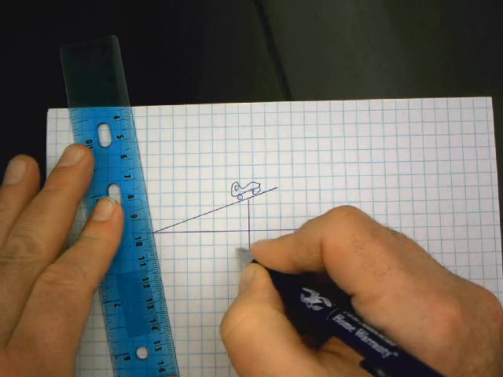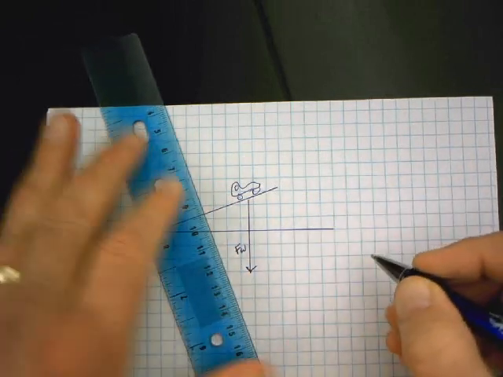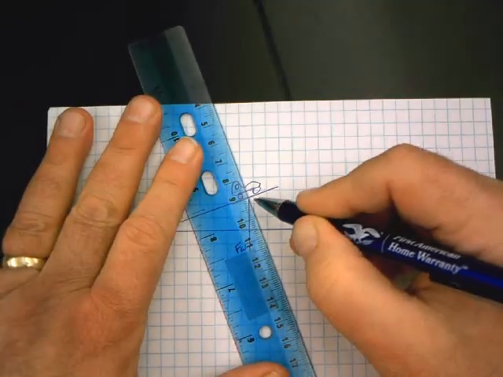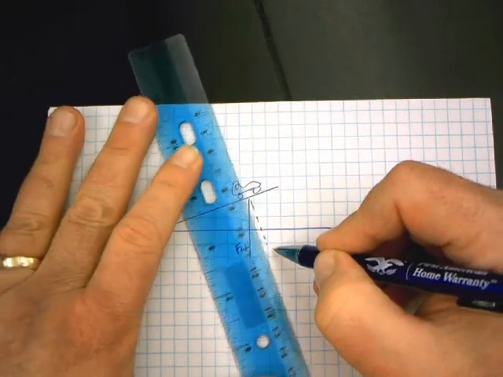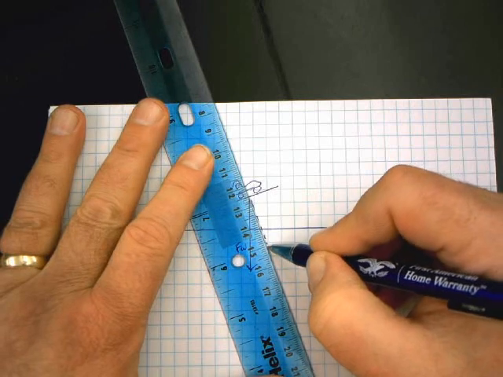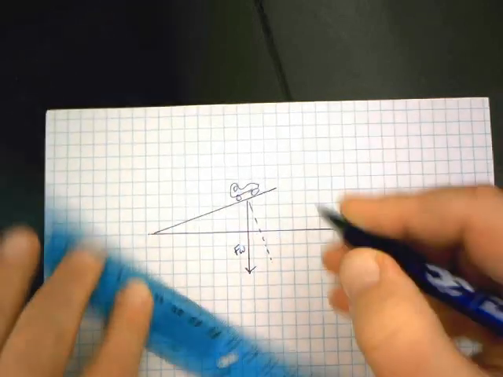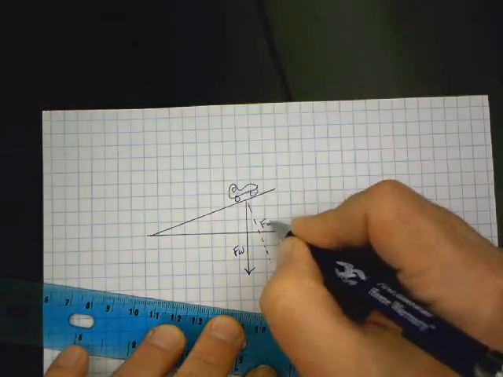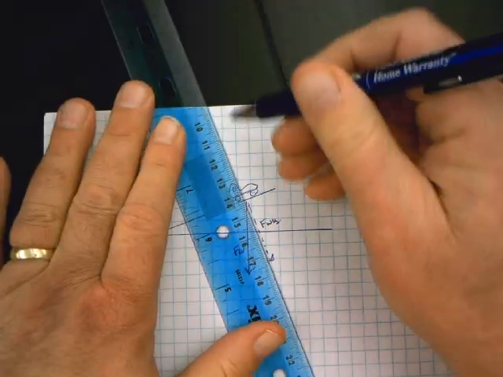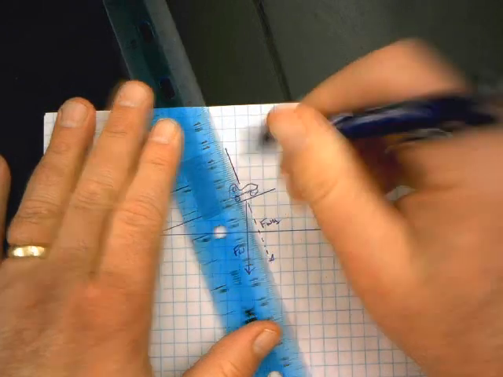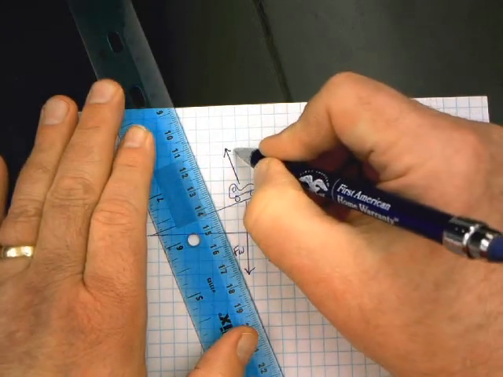Weight's always straight down. There is a component of the weight into the hill, which is opposite the normal force.